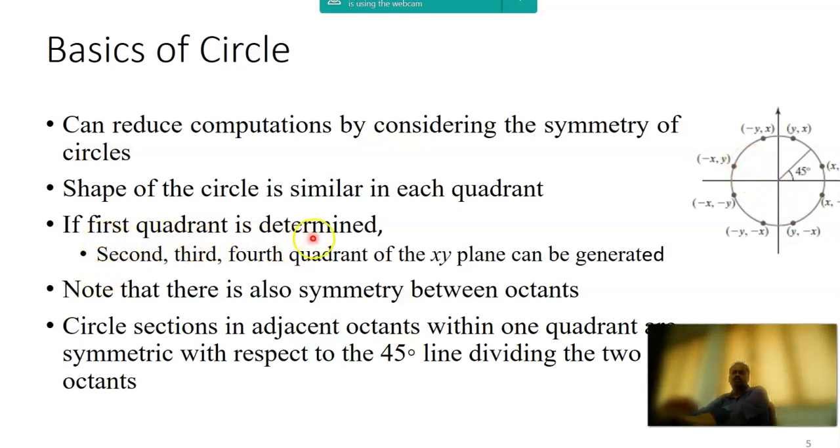If the first quadrant is determined, the second, third and fourth quadrants of the xy plane can be generated easily. That is the logic here. Note that there is also symmetry between the octants. Circle sections in adjacent octants within one quadrant are symmetric with respect to the 45-degree line dividing the two octants.